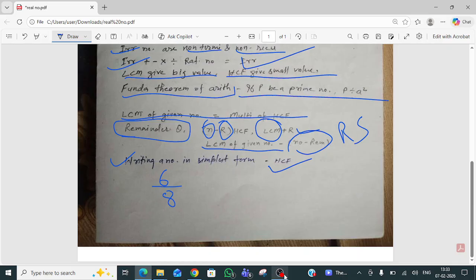The answer should come with fluency. The third question is to prove 3 plus 2 root 5 is irrational, or similar questions. You should give the answers with fluency. This much is the basic need. So we'll see you in the class.